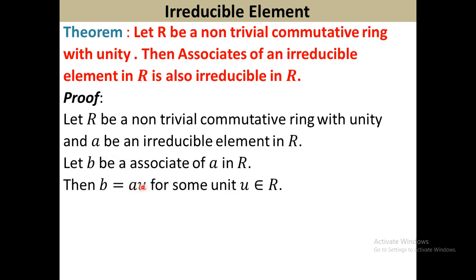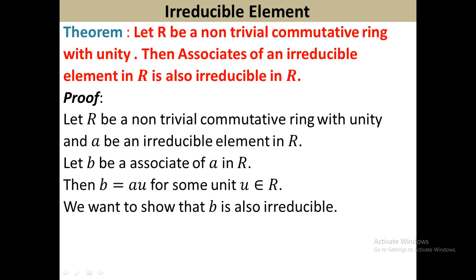Therefore the product of two non-zero elements is non-zero, as R has no zero divisors. So b is a non-zero element, and we want to show that b is also an irreducible element.